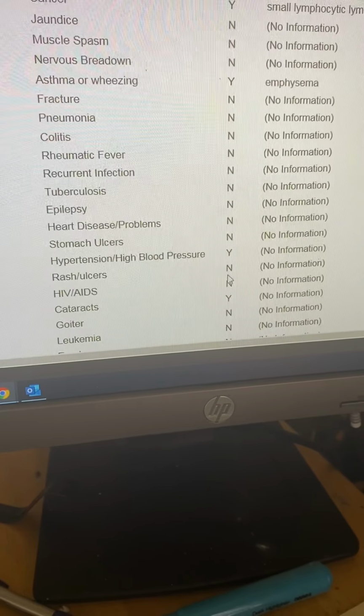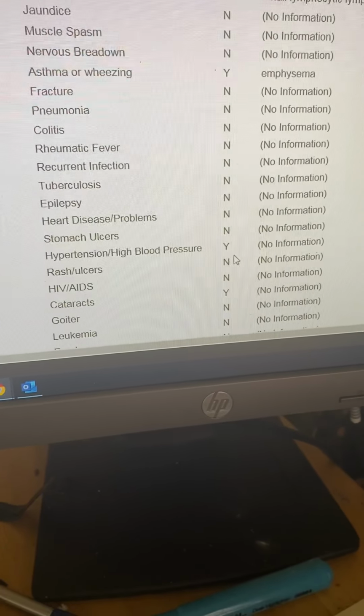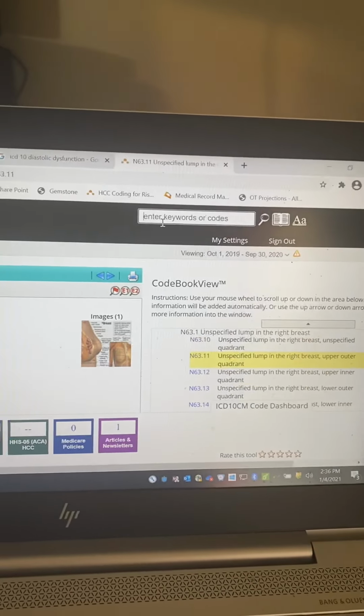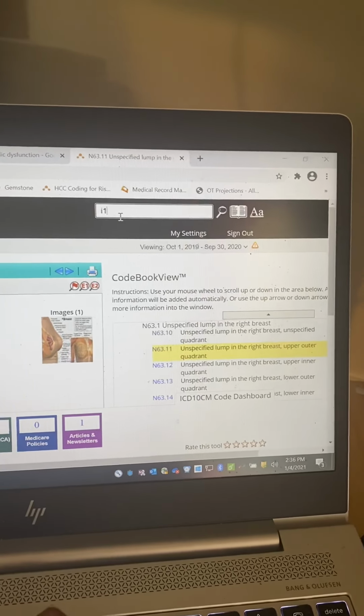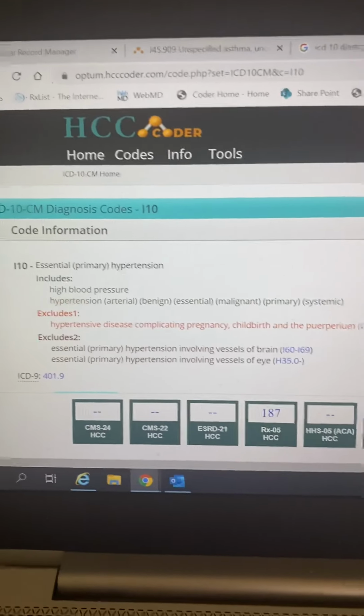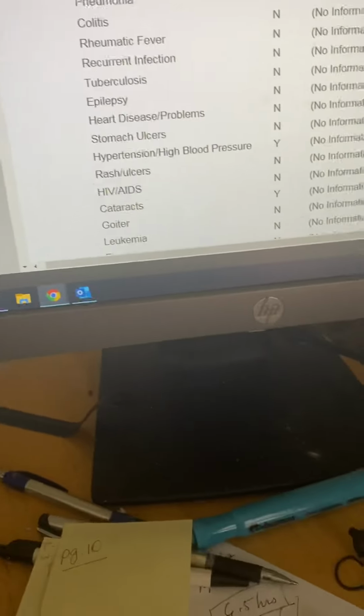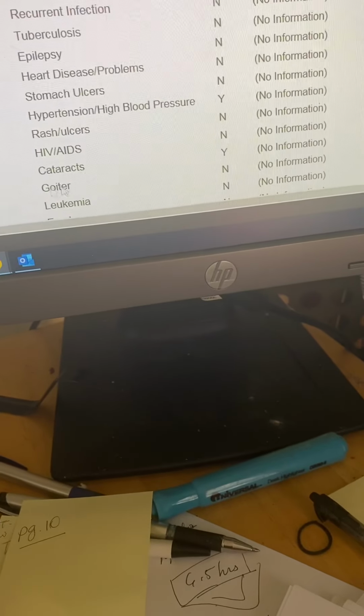They do have hypertension. Hypertension also has a risk adjustment score, and if you do not believe me, let me show you. Here it is, I-10, essential primary hypertension. You see, it's in the last box there. So there it is. AIDS, they do not have that.